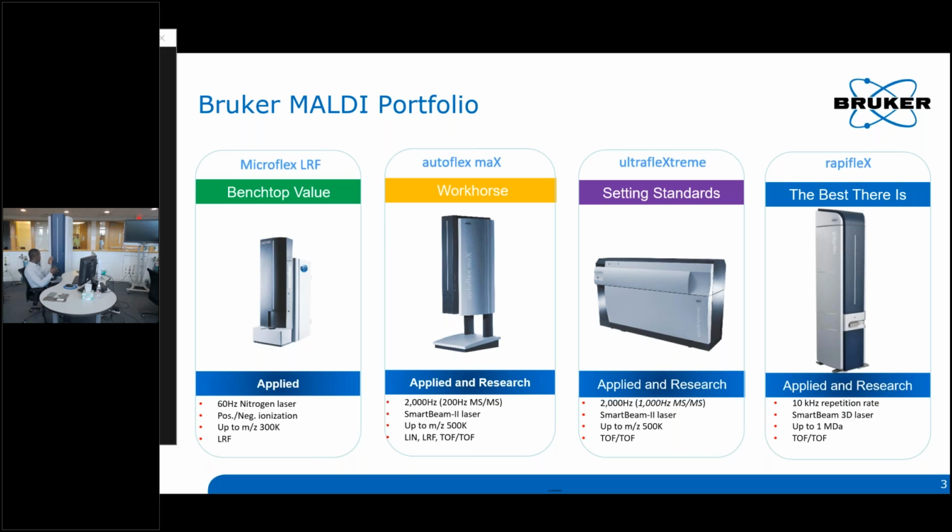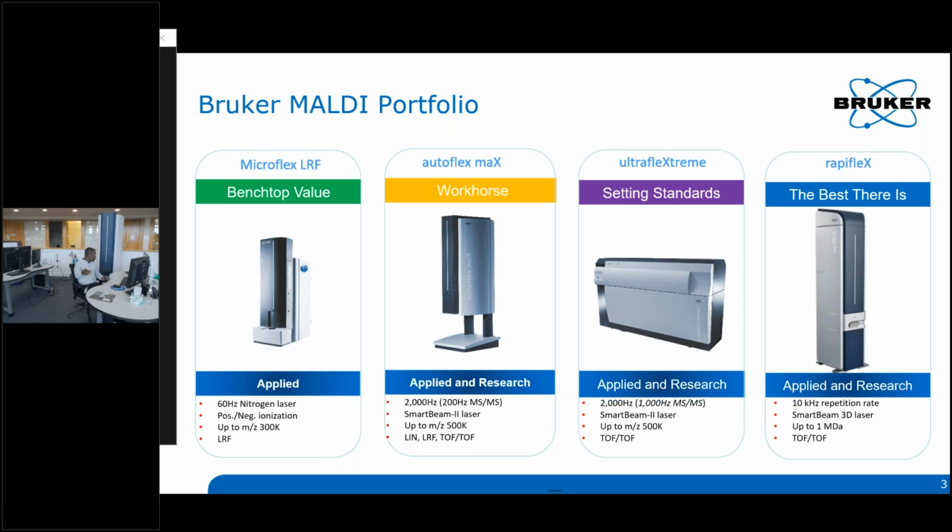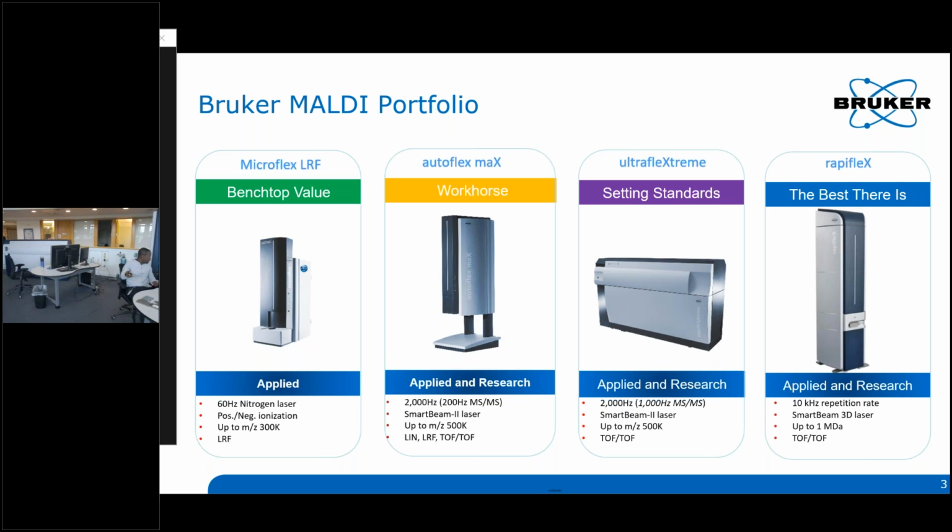So I'm sitting right next to the Autoflex Max, which is what we're going to be using today for the analysis and for the demo. But right behind me, if the camera will cooperate today, you can see that we have that horizontal diagram, which is our Ultraflex Xtreme. It's the third one on the slide that you can see.